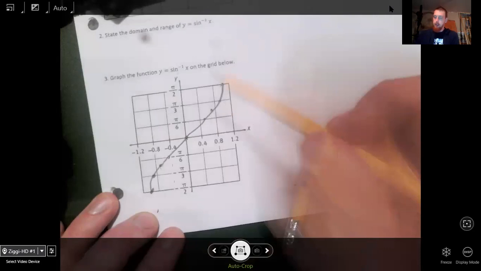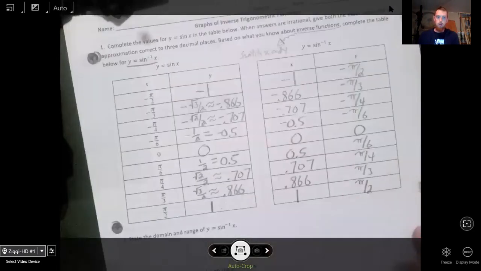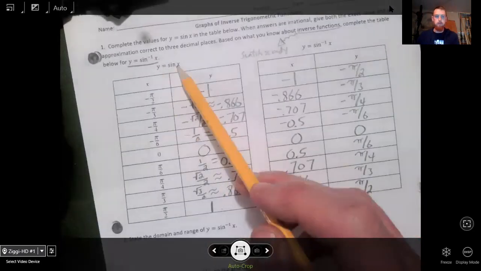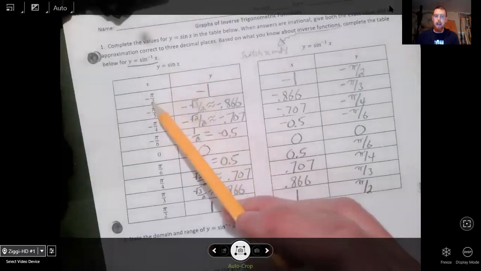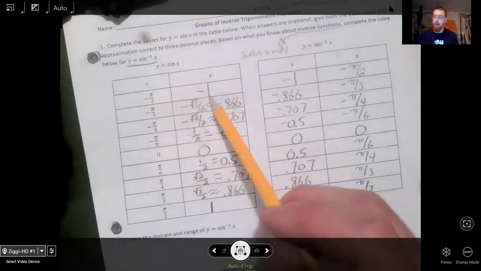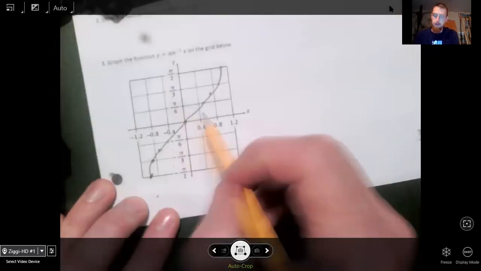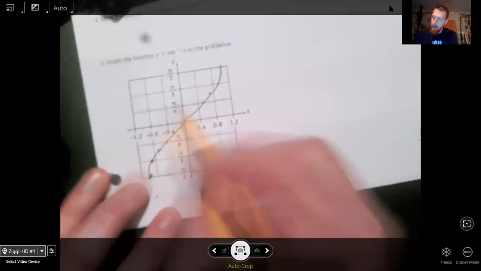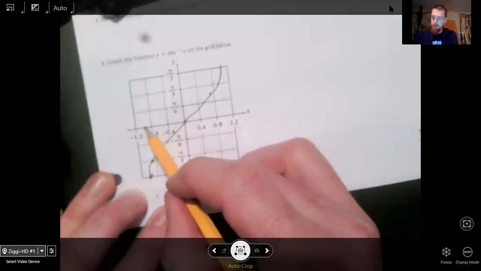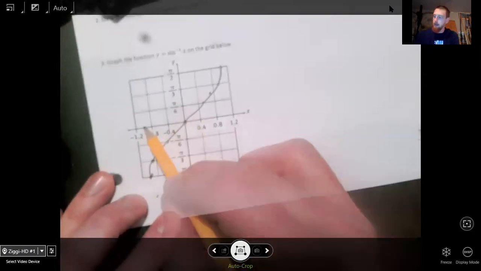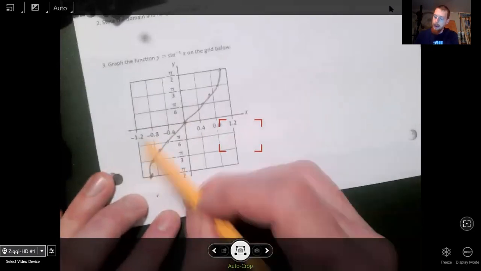So instead of the original y equals sine of x function saying, okay, when I have a certain angle, what is the sine value? This is telling me the reverse of that. It's saying, when I have a certain sine value, when sine is -1, what angle am I using?